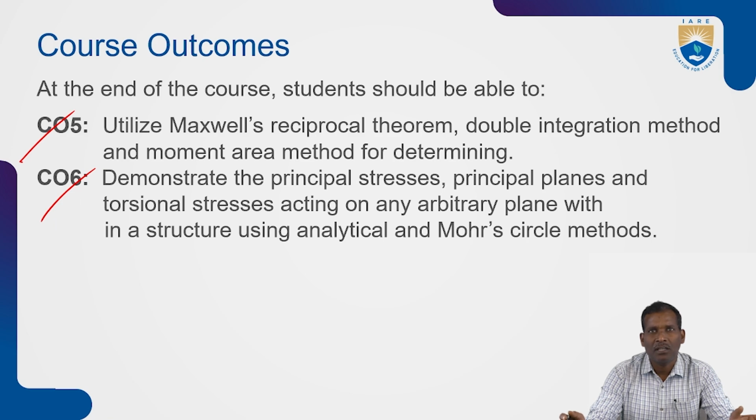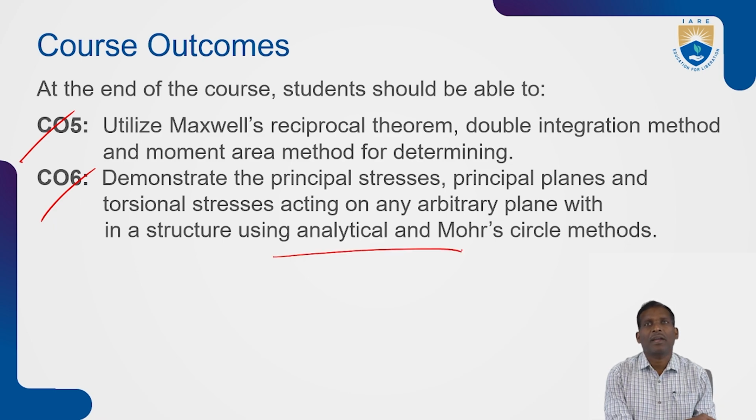So we will learn this in CO6: principal stresses and principal planes and stresses acting on any arbitrary plane within a structure. Here we will calculate by the analytical method and then the graphical method, that is the Mohr's circle method.